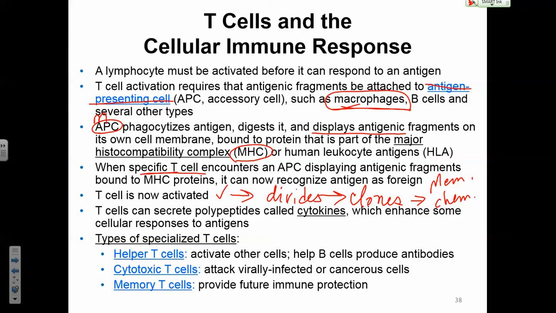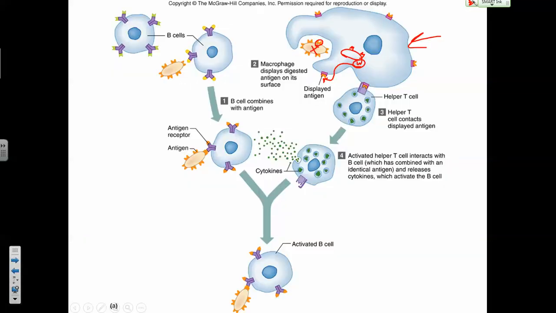But there's different categories of T cells. One category is called a helper T cell, and that's the one that you've seen pictures of throughout this chapter, like this one right here. Here's a helper T cell.